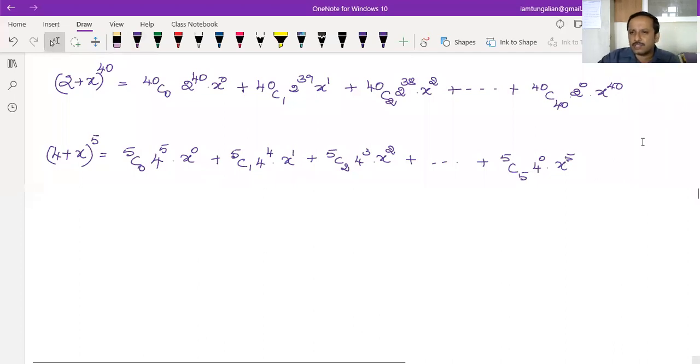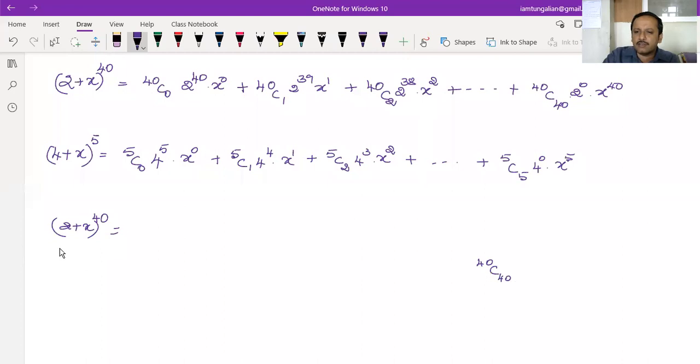Okay. So you just observe that numerator is a polynomial. This first expansion is a polynomial of degree 40. So I can write like this: 2 plus x whole power 40 is equal to 40C40. nCn is also equal to 1. 40C40 is equal to 40 factorial divided by 40 minus 40, that is 0 factorial, into 40 factorial. 40 factorial gets cancelled. 1 by 0 factorial is 1.